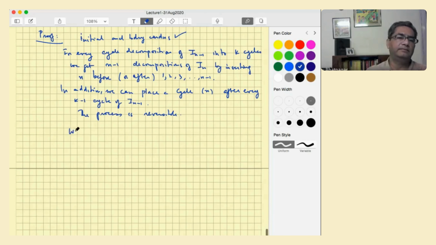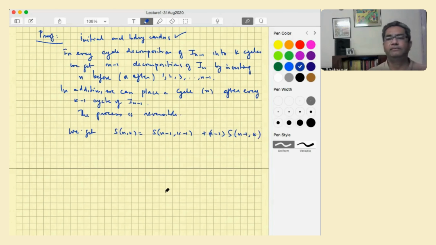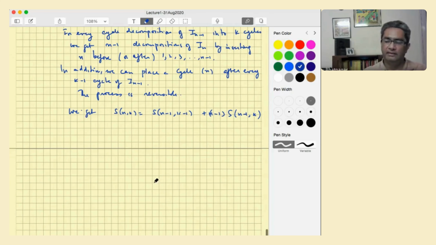We get S n k is equal to S n minus 1 k minus 1 plus n minus 1 S n minus 1 k.